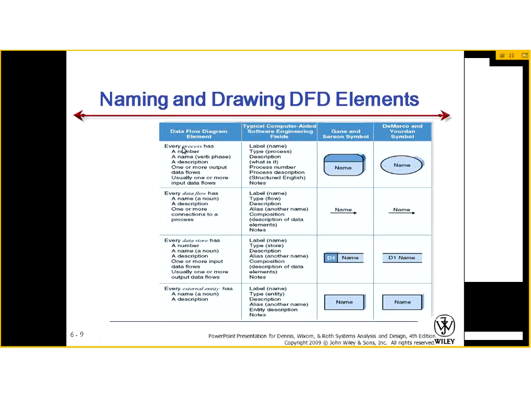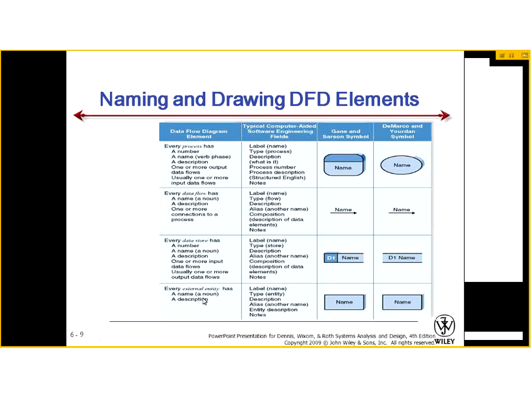There is also other information which is recorded with every element. Every process has a number, a name, a description, and one or more output data flows and input data flows. Every data flow has a name, a description, and one or more connections to a process. Every data store has a number, a name, a description, and one or more input and output data flows.